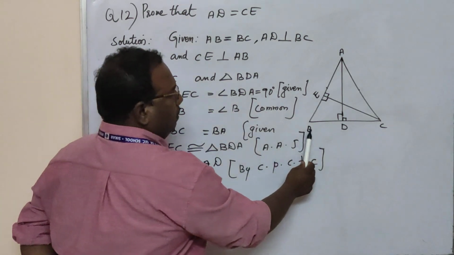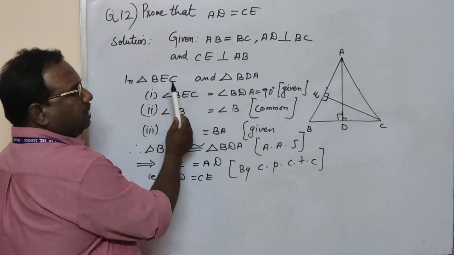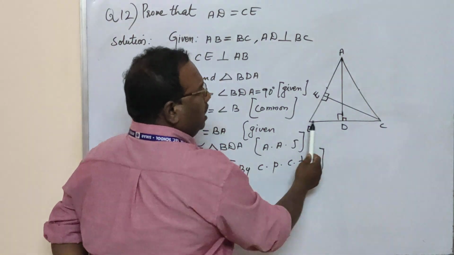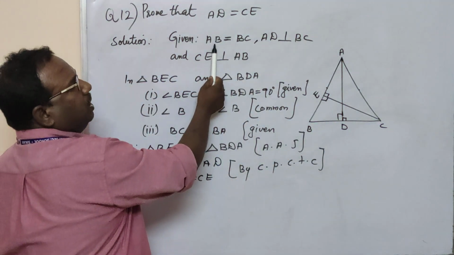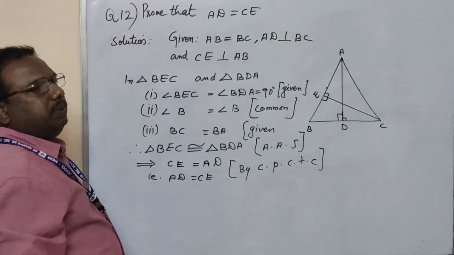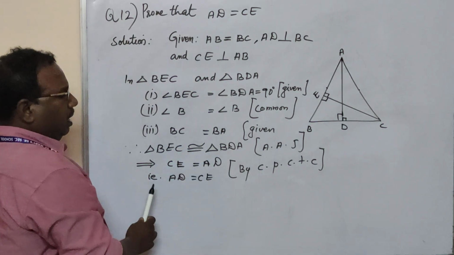Now, side BC of first triangle, which is first triangle? Triangle BEC. This side BC is equal to BA of the second triangle. It is given in the question BC equal to BA. Therefore, we can write BC equal to BA.